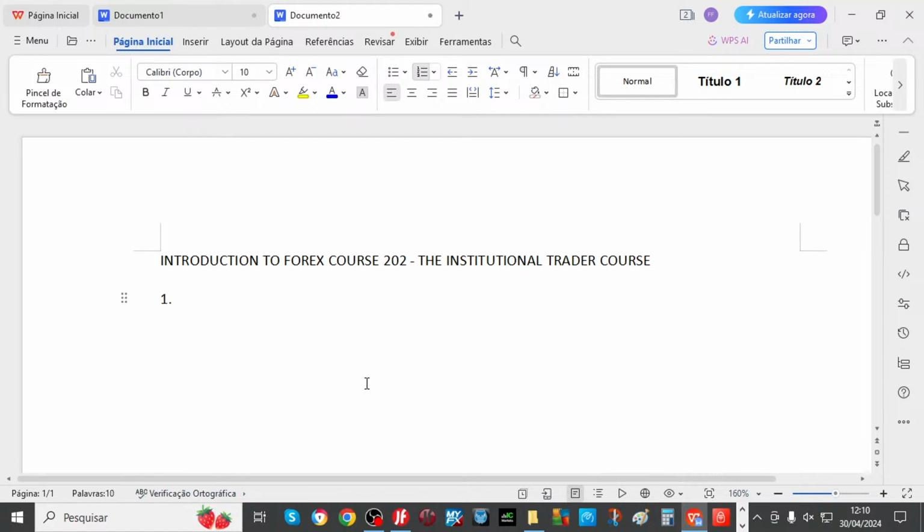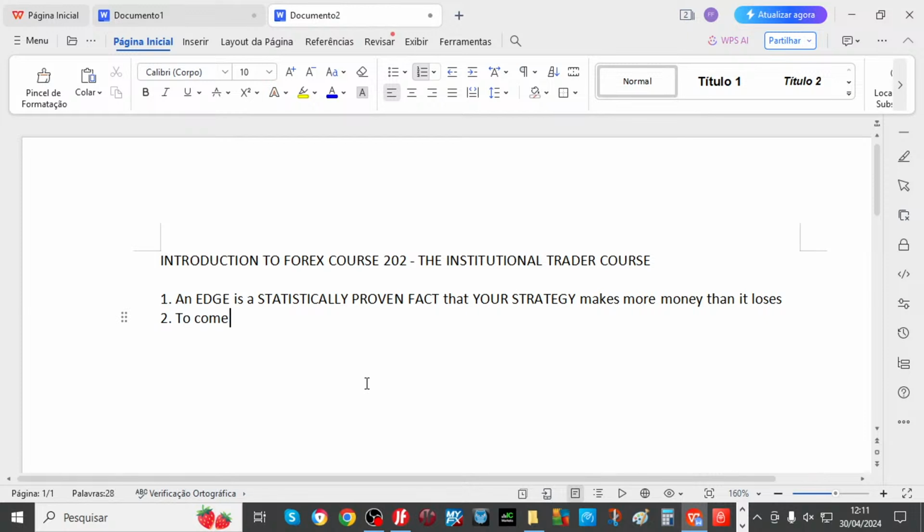Number 1, an edge is a statistically proven fact that your strategy makes more money than it loses. Number 2, to come to an edge, I need to collect minimum 100 samples.